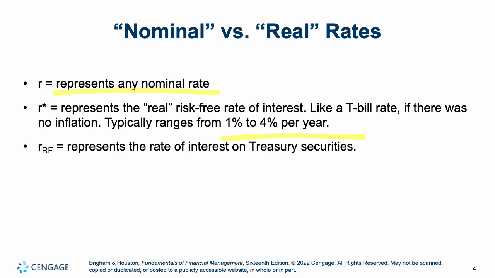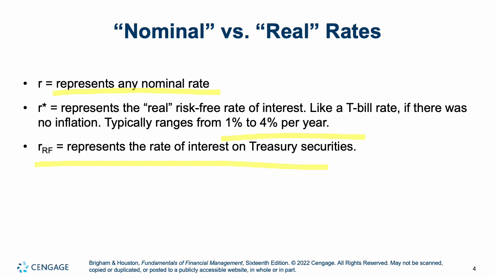We consider government securities to be risk-free because the government has never defaulted on them. And R_RF represents the rate of interest on Treasury or government securities. So the risk-free rate is generally the government security rate.